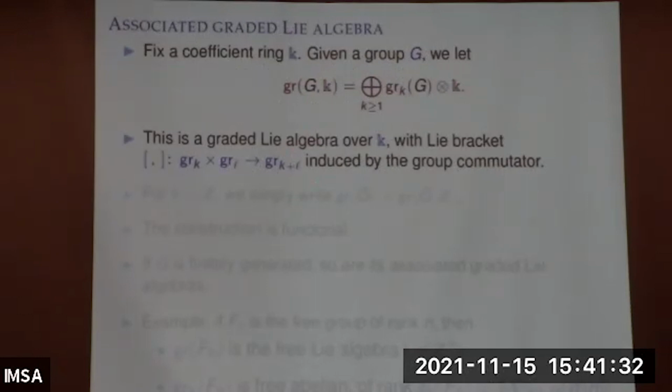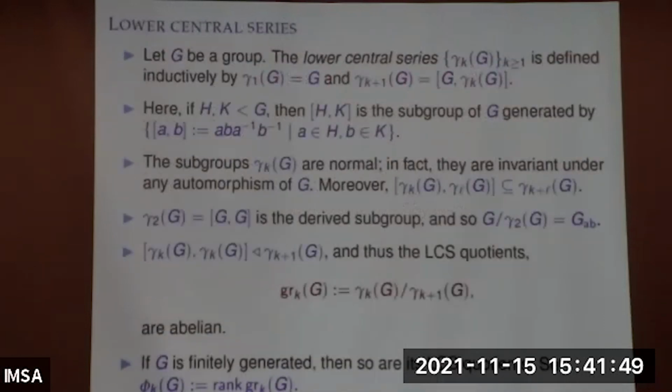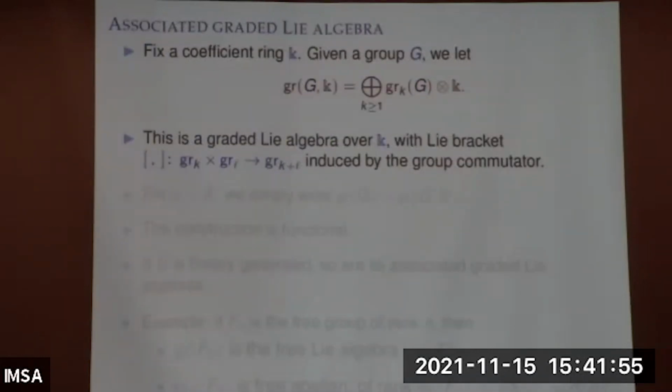It is this extra structure that I want to emphasize. Okay, first, we can generalize this a little bit by also putting some coefficients in k, for example, k equals Q, a field. So here was just a single quotient. So you package all these quotients into a single object, this gr G, which is the direct sum of these gr k G, right?